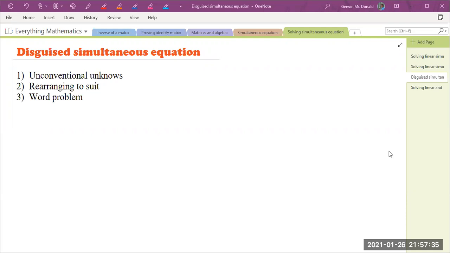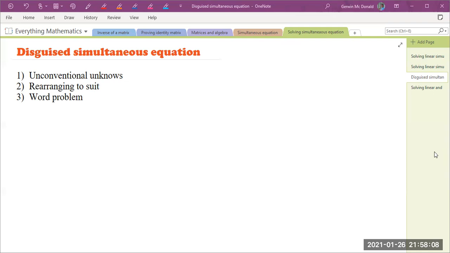They can be presented to you in many different ways, but in the topic of CSEC, these are three common ways in which an equation is presented and we don't recognize it as a simultaneous equation. It would be rather sad to know how to solve a simultaneous equation, but not be able to solve it because you did not recognize it.